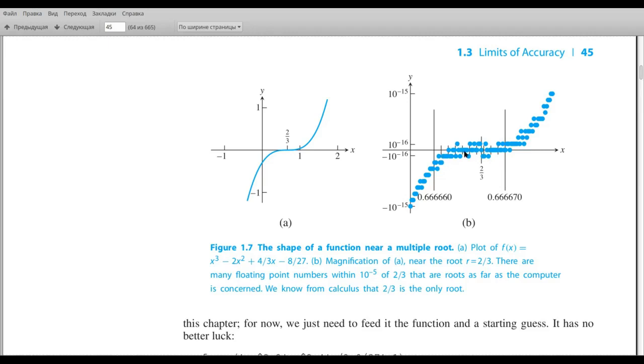As a result, your algorithm will start giving you troubles. Because you remember, if you use, for example, bisection, which is usually robust, right? But if you're coming close to something like that, bisection depends heavily on the sign of your function to determine in which half of the interval you have your root.